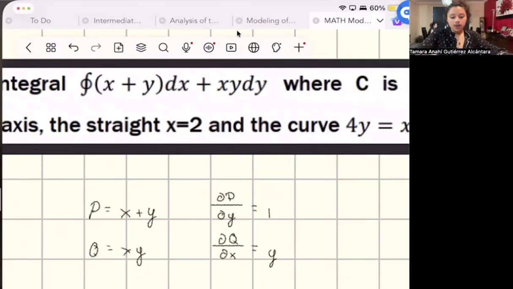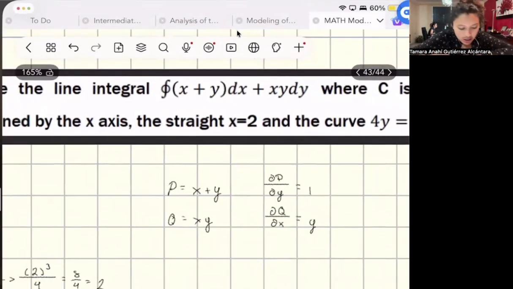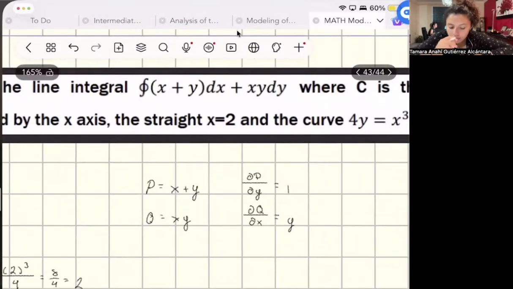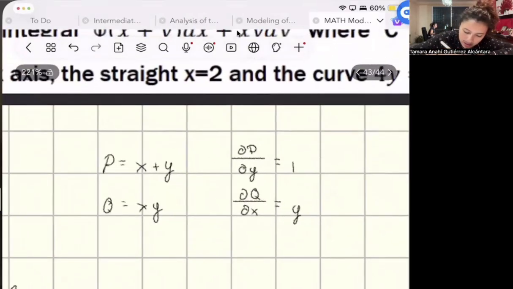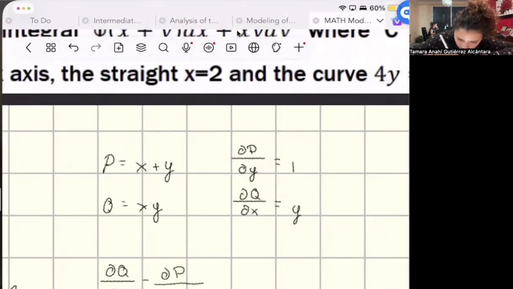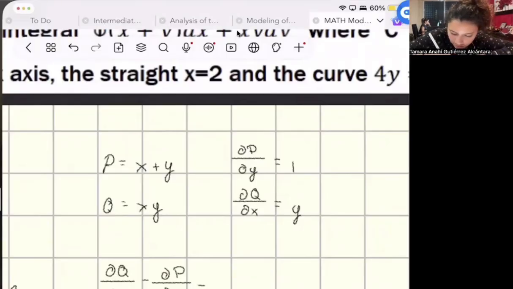And then with our formula, we have to subtract dQ over dx minus dP over dy, which is y minus 1.